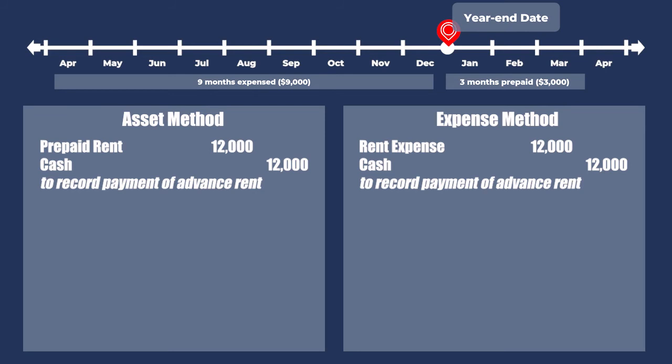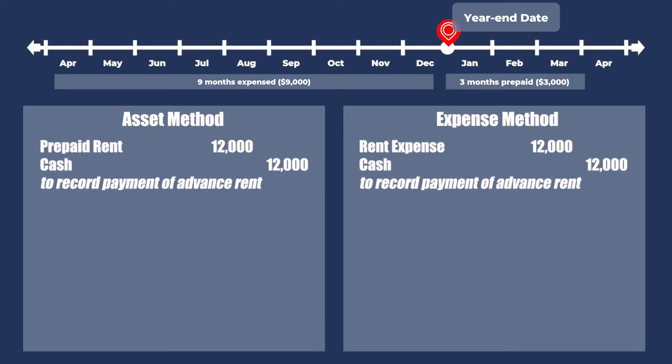Now, you should translate this understanding to an expectation of what your T accounts will look like after the adjusting entries. This expectation will help you determine what adjusting entry to do no matter what type of accounting was done during the payment date. In this case, after adjusting entries, we need to have a total of $9,000 rent expense on the debit side, representing the amount of rent used up, and a total of $3,000 of prepaid rent on the debit side, representing the amount of rent from January to March of next year.